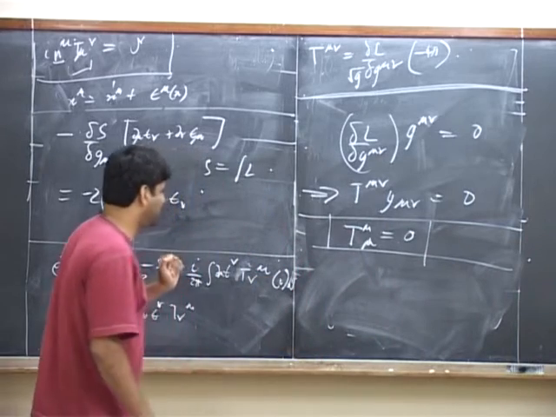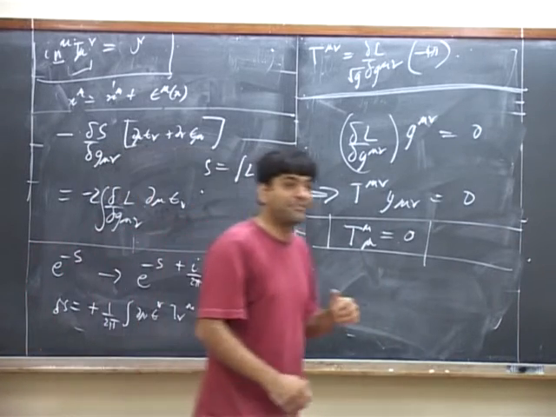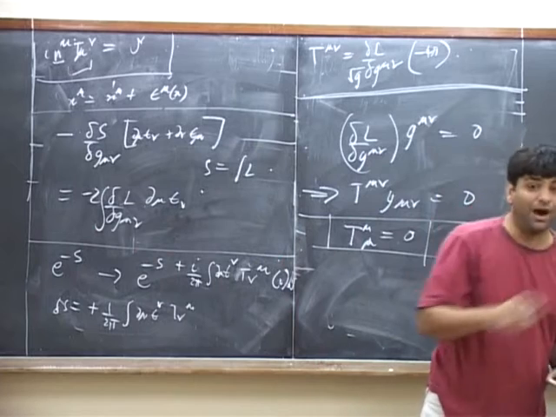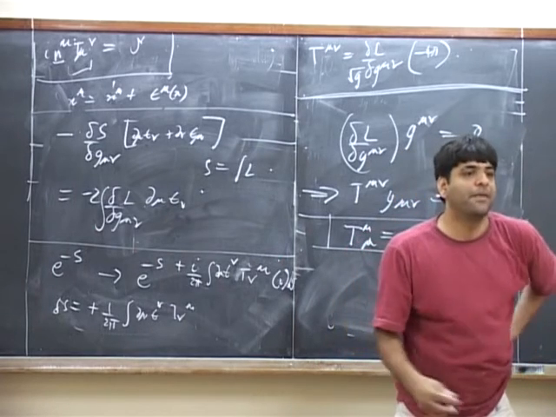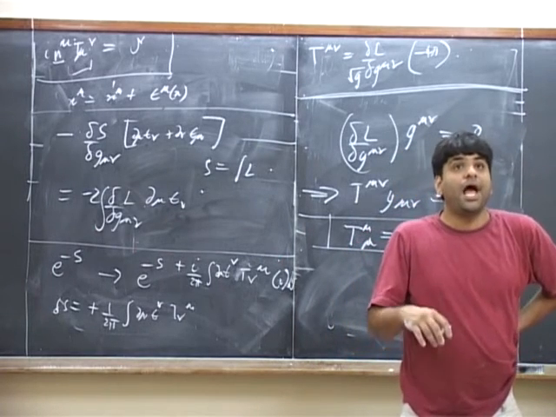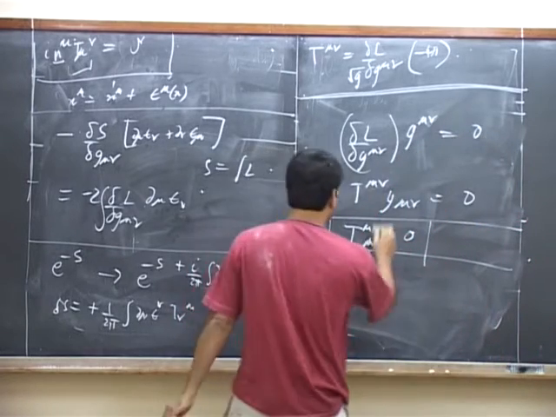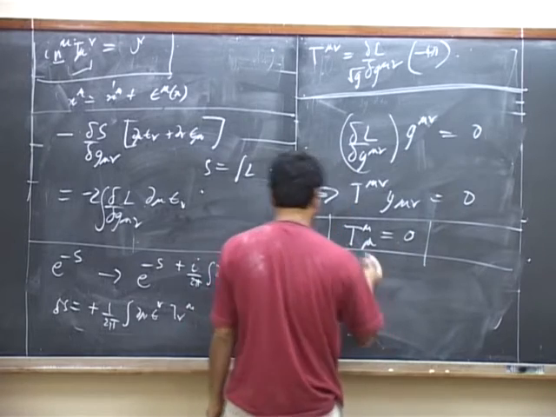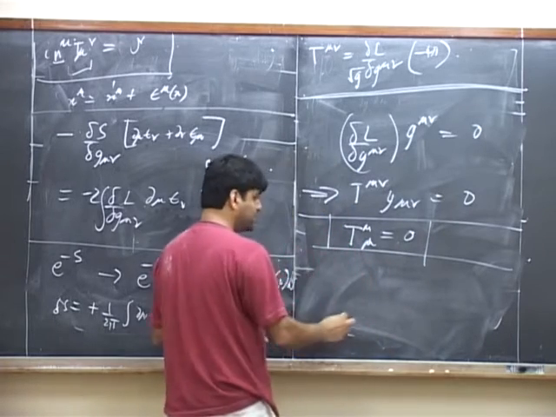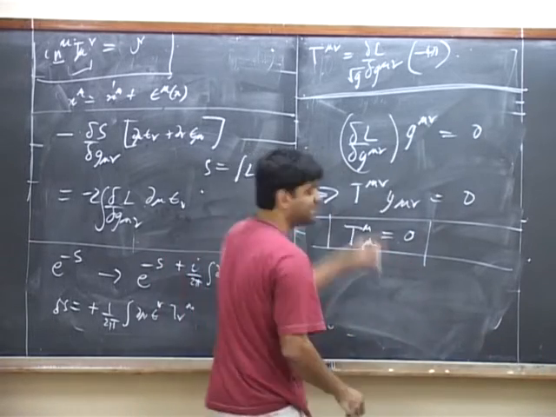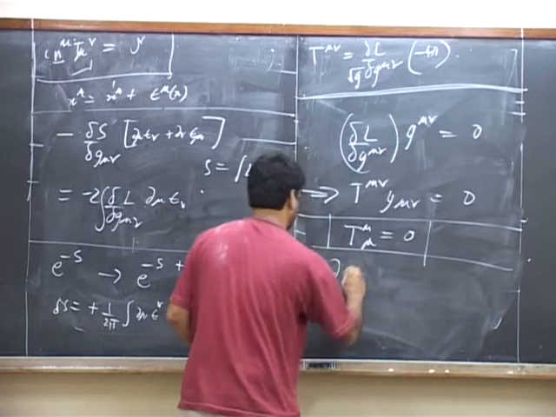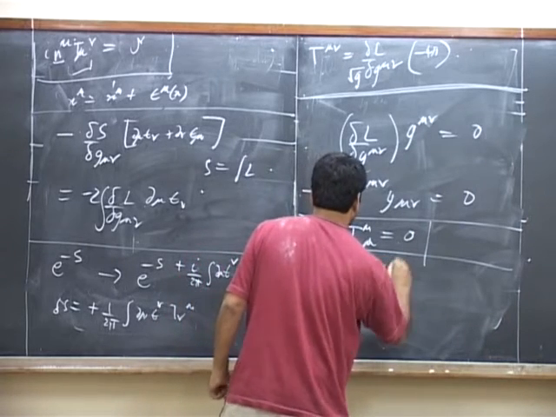Okay, this is good enough for now. Okay, but now let's specialize to 2 dimensions. Okay, so what does this equation imply? This equation, also of course, the stress tensor is conserved. That is of course true. So we have ∂^μ T_{μν} is equal to 0.